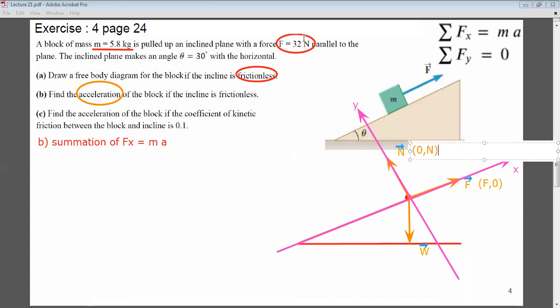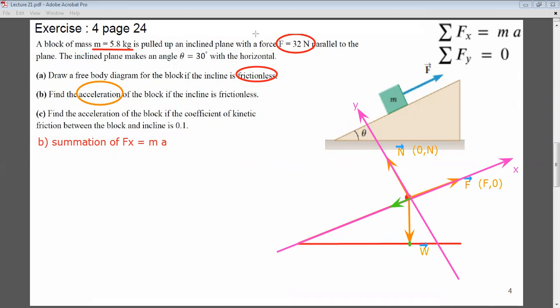To reach it, I have to go first along the x-axis. Let's choose a different color. First, I have to go along the x-axis until I can see the tip of the vector, somewhere here.